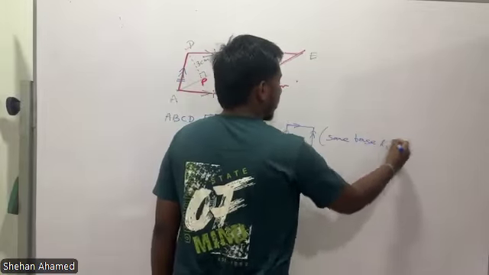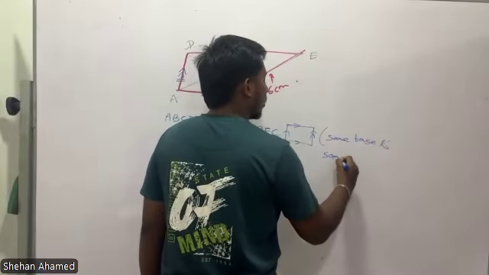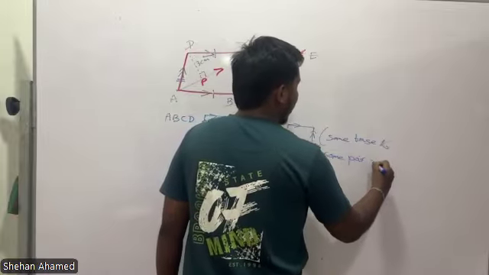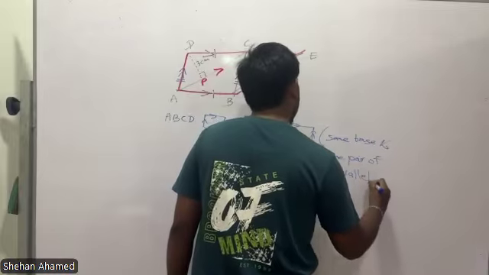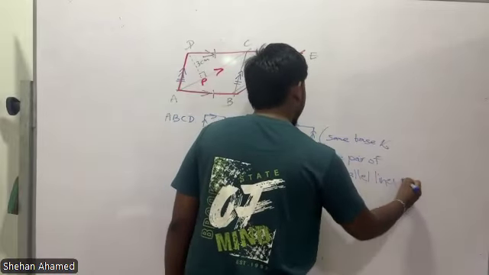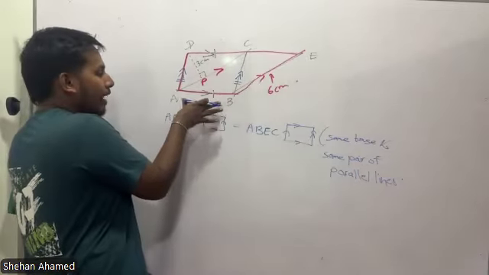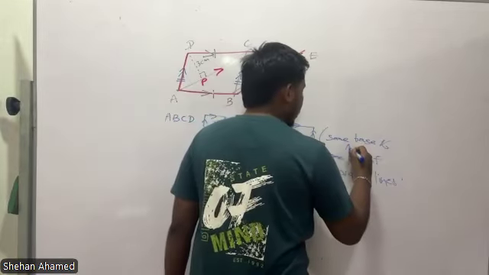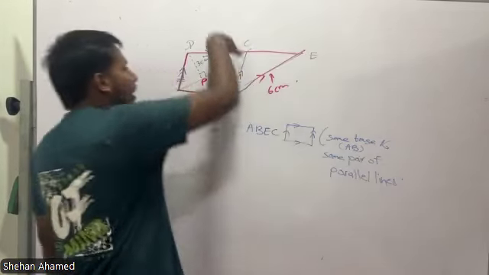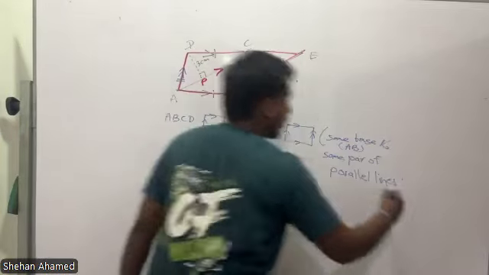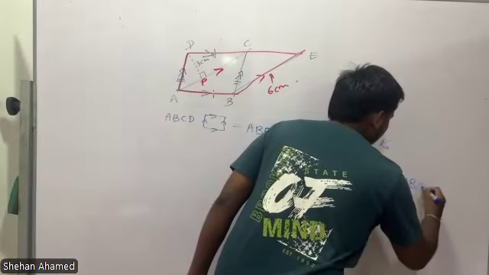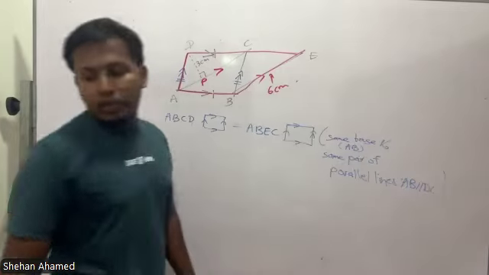The same base is AB, and the same pair of parallel lines is AB and DC. Right.